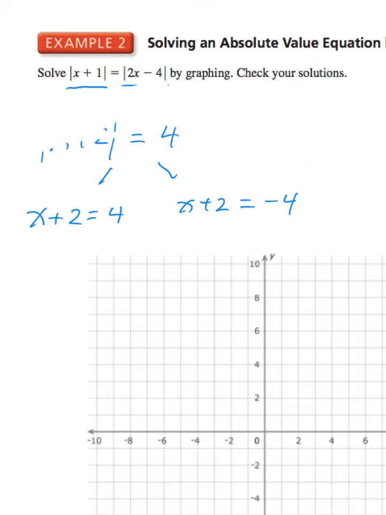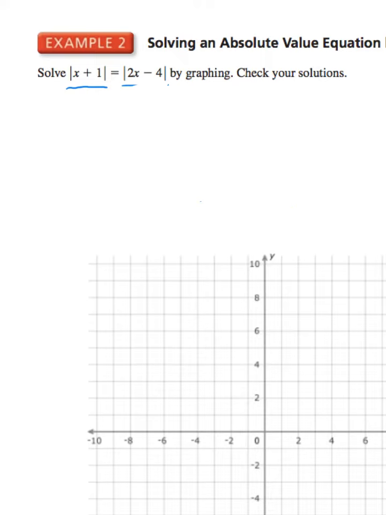What I'm going to do is use the same method that we used before for graphing. But now I'm going to show you what this inequality looks like. This absolute value equation can be written two ways. We can say that x plus 1 is equal to a positive value of 2x minus 4, or it could be equal to a negative value of 2x minus 4.